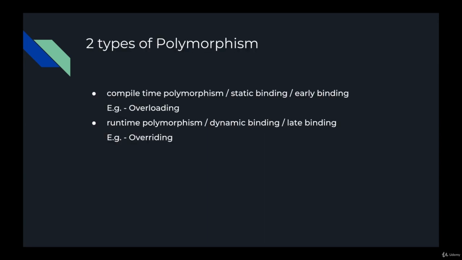There are two types of polymorphism. One is compile time polymorphism, or static binding or early binding, and another one is runtime polymorphism, or dynamic binding or late binding. An example of compile time polymorphism is overloading.